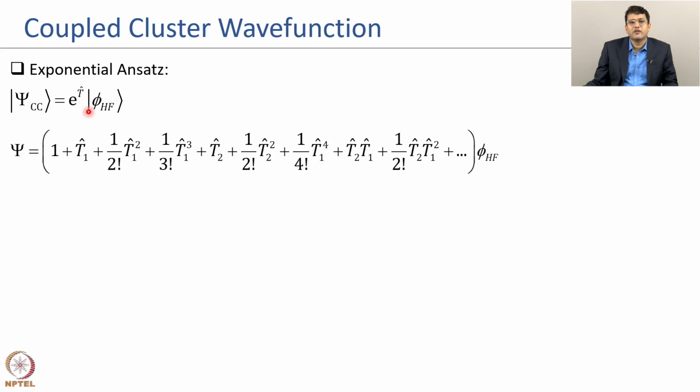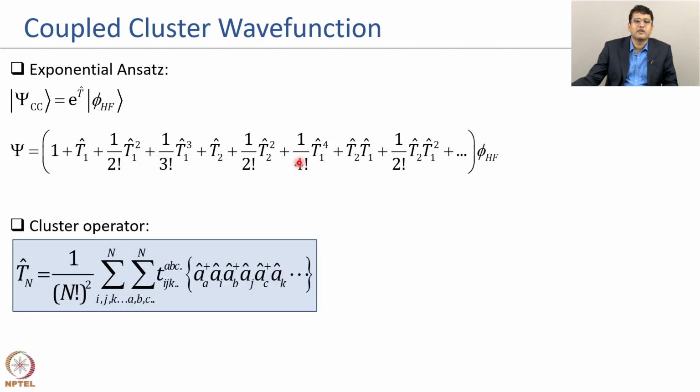So, because it is exponential T, I can expand this in the exponential series. So, you can see T1, T2, T1 square, and all this will go on, where T1, T2 are cluster operators. So, T1 is the one body cluster operator, T2 is the two body cluster operator, then the three body cluster operator, and so on.